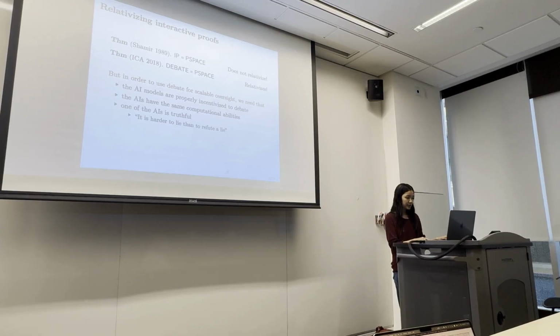This hinges on the claim that it's harder to lie than to repeat a lie. The AI models are incentivized to win the debate game. At the end of the game, the verifier decides who wins. So they're only going to want to tell the truth if it's harder to win by lying than by telling the truth.